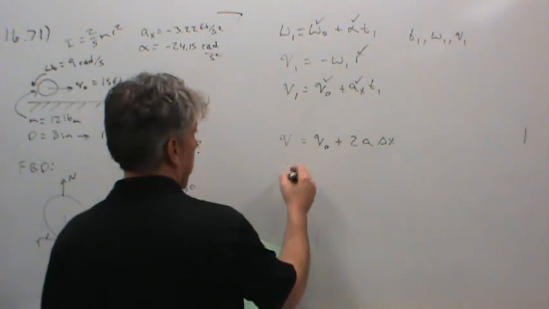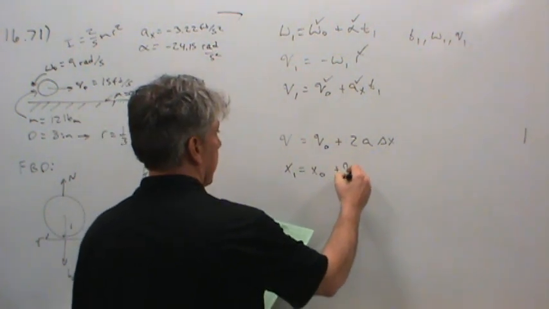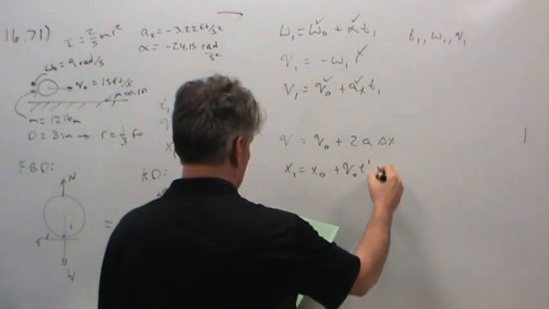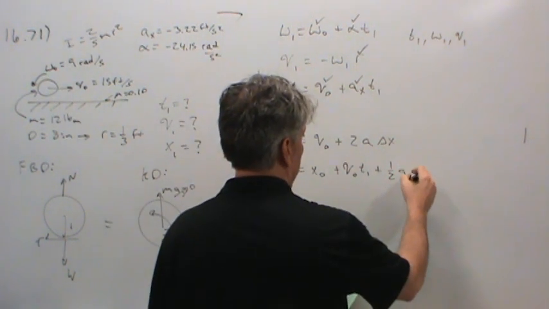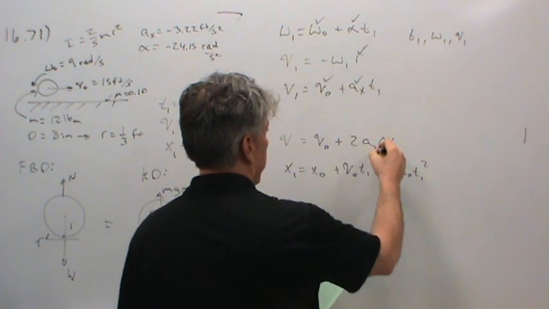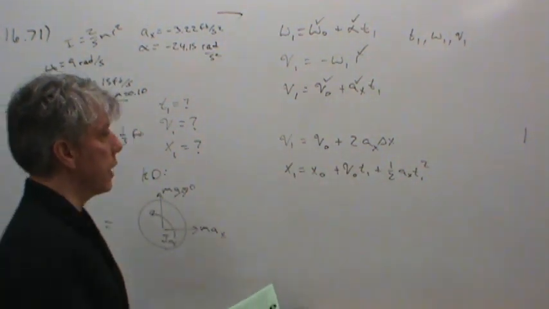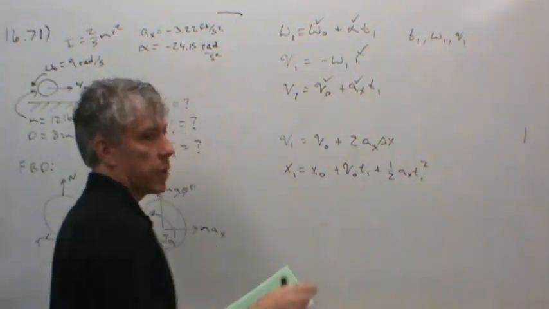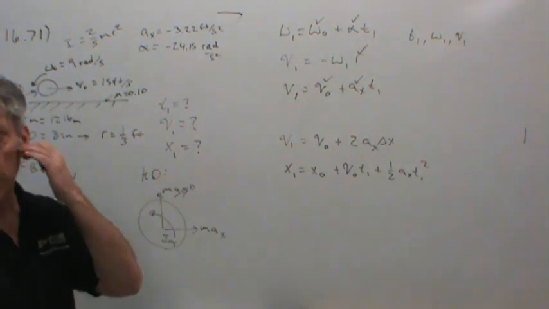We could also say x1 equals x naught plus v naught t1, not t prime, t1, plus 1/2 ax t1 squared. Choose whichever one you like. It really doesn't matter. Personally, I prefer this one. But I think I went with this one because I knew time. So either or will do. You have an option at this point.